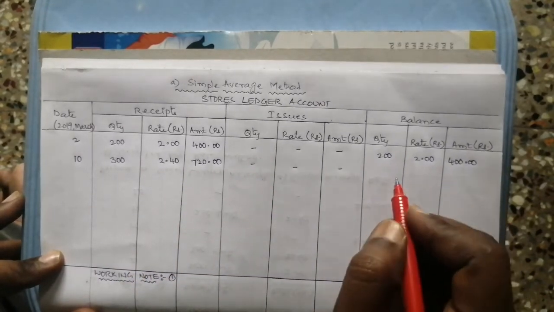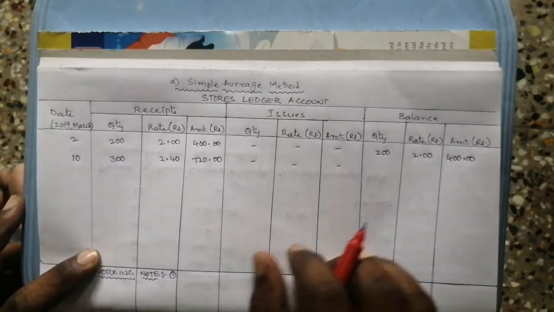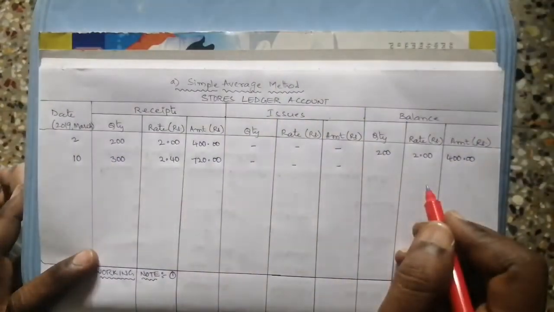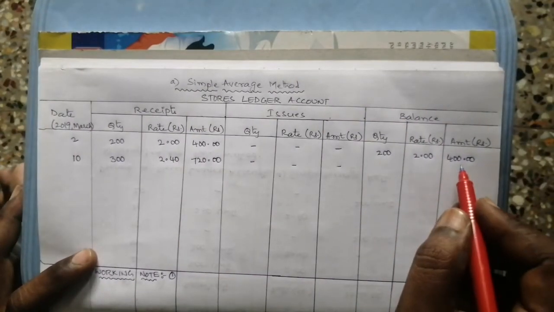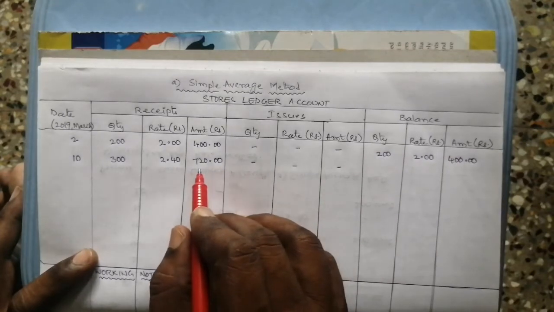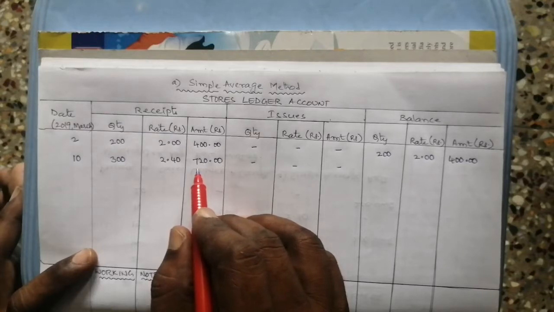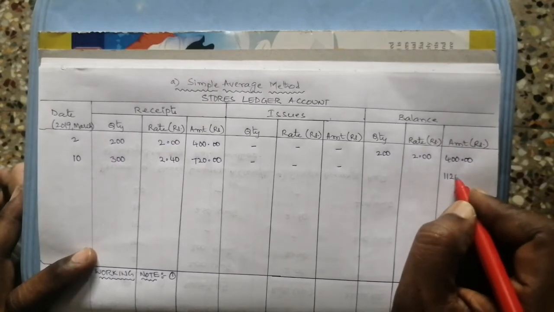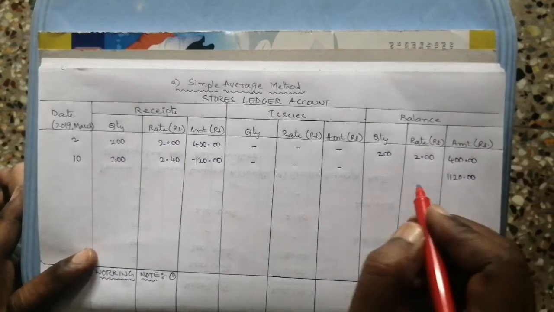Now let us take the balance. Here you will find some change when compared to the previous methods like FIFO and LIFO. Here the balance of 400 is there. You take this 400 plus the 720 in receipts on March 10th. Adding both, 720 plus 400 is 1120, and paisa 0.